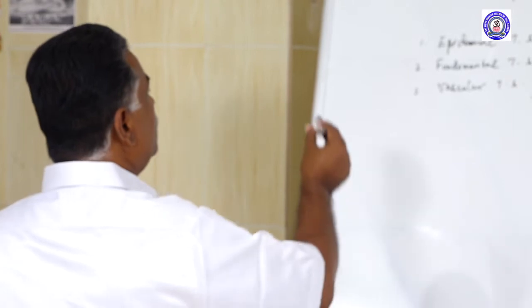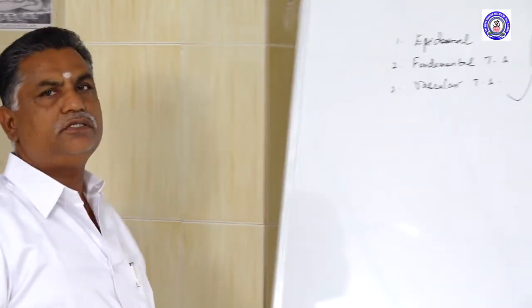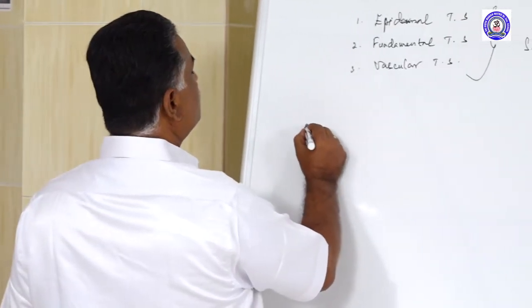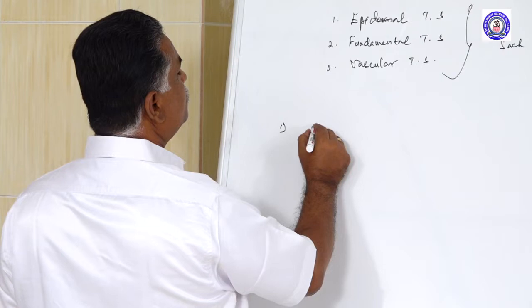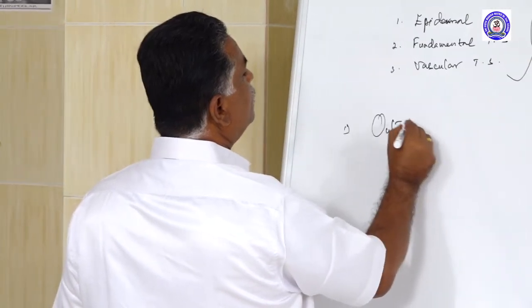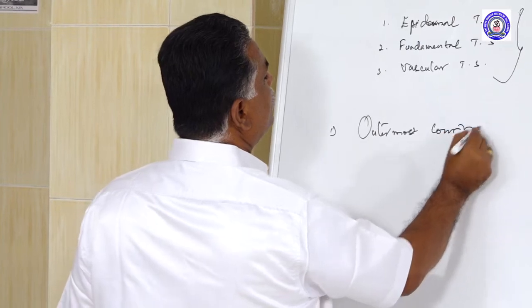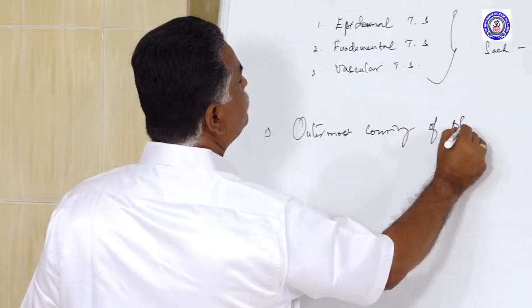What is the epidermal tissue system? The epidermal tissue system is the outermost covering of the plant body.